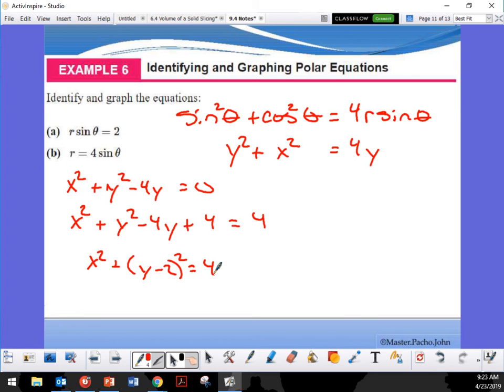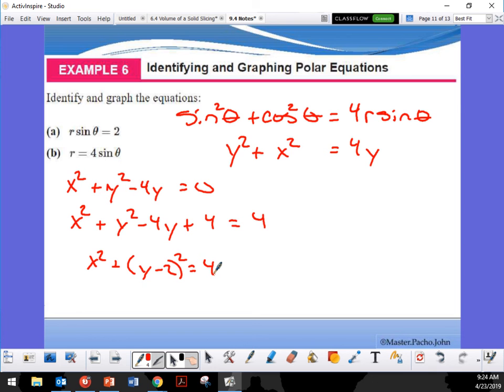So when I actually did it earlier, when I had sine squared plus cosine squared equal to r squared, the r is my radius, which is always going to be on the outside over there. So it tells me that my radius is going to be 2, right? So I'm going to have a circle. The radius is 2, but where's the center of the circle? 0, positive 2.